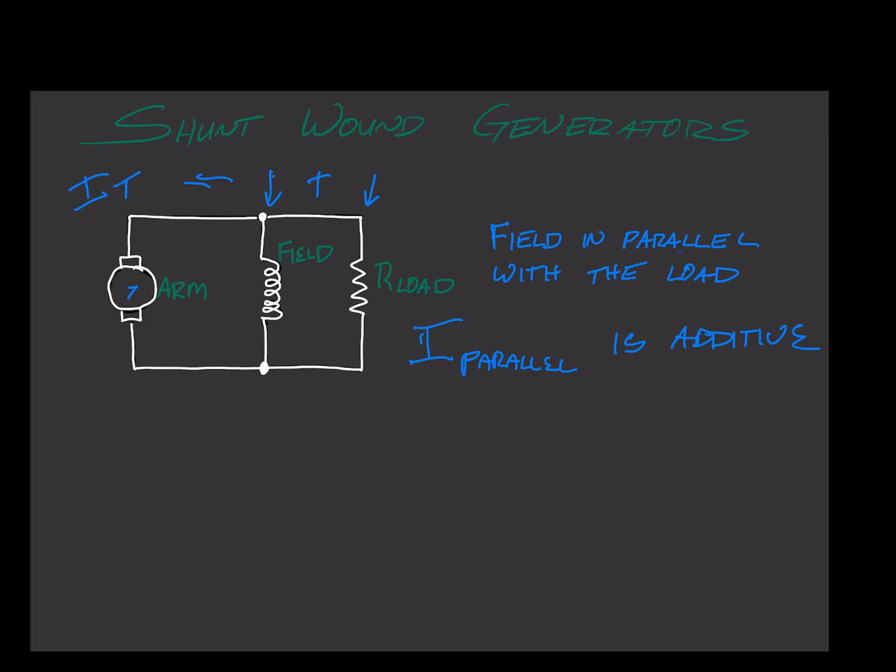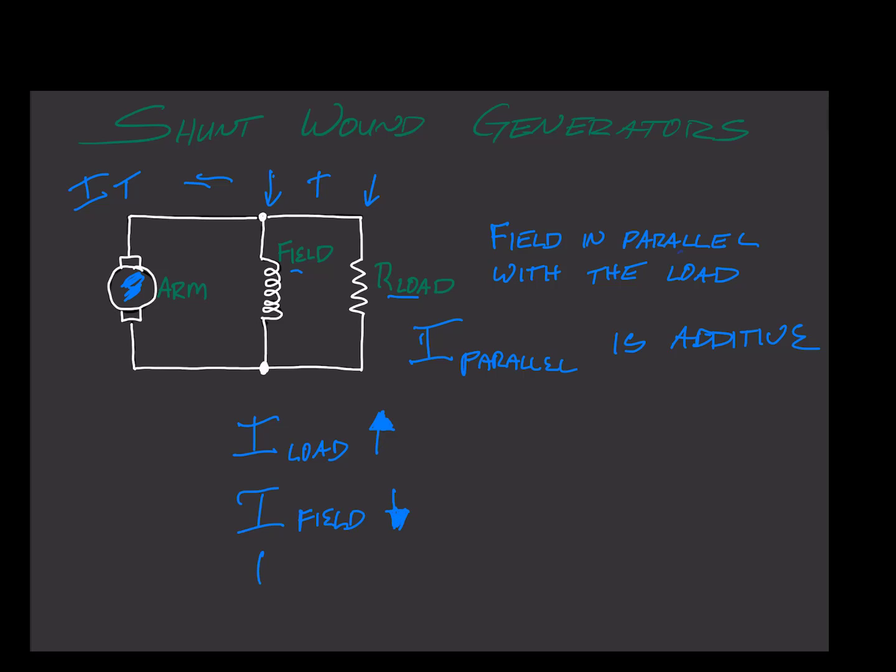This armature is producing electricity, and some of it's going to go through here, some is going to go through here. And we know that the current is going to go through the path of least resistance. So in this case, what will happen if the load increases, the current through the load increases, obviously then the current through the field has to decrease because there's only so much current.